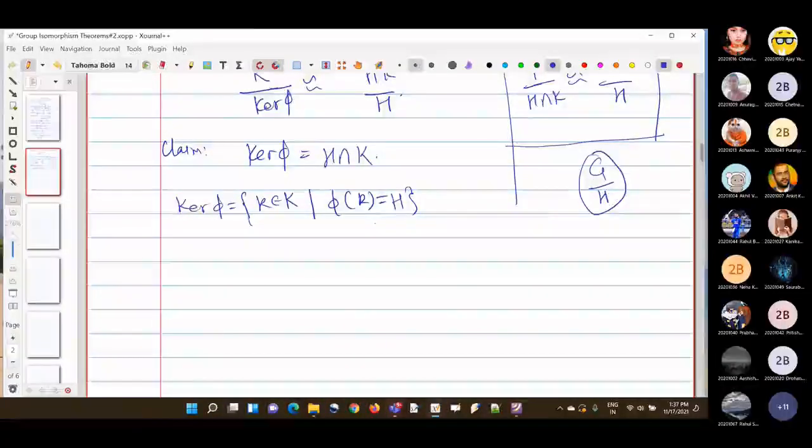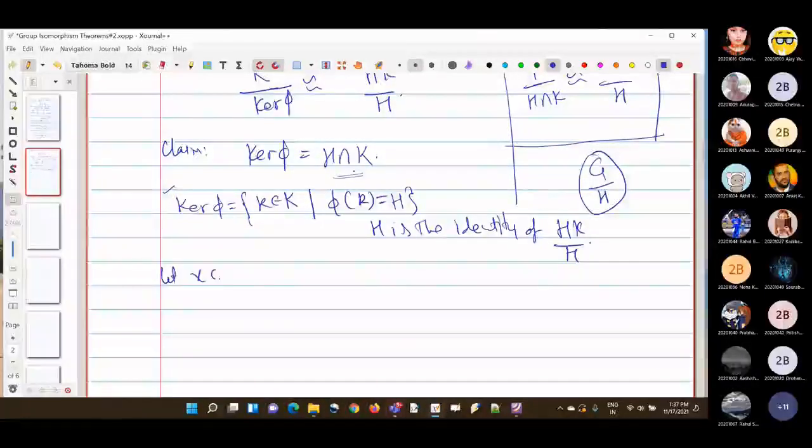This identity H is the identity of HK by H. So let us take some element here, and then we need to prove that that element is also a member of this, and conversely.